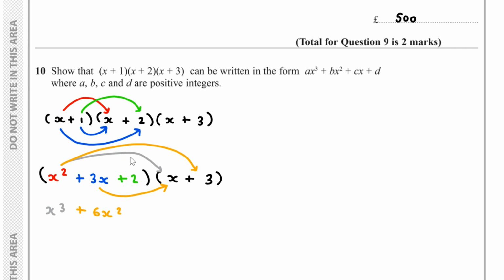And then we've got, in terms of the x's, 2 multiplied by x, and then we've got 3x multiplied by 3. So we've got 2x plus 3x, that's 5x.